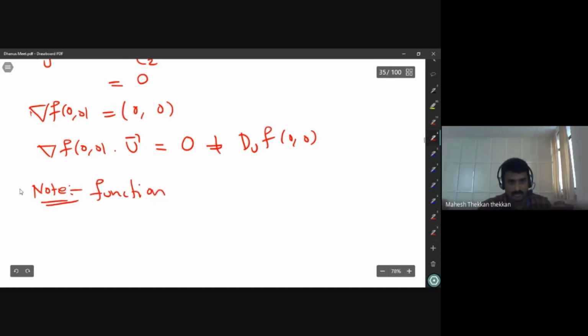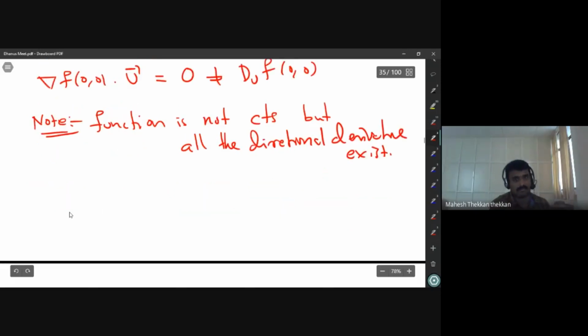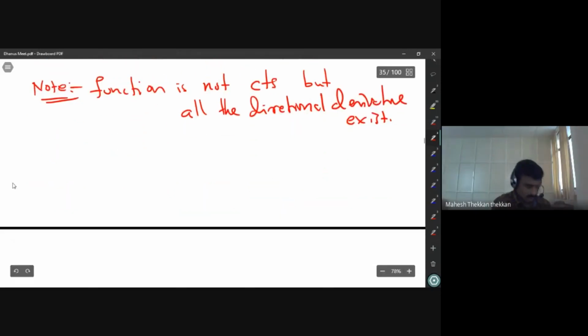Function is not continuous, but all the directional derivatives exist. Okay.